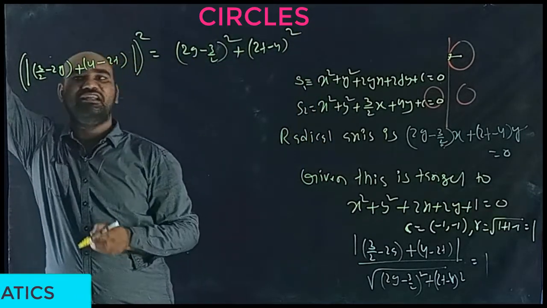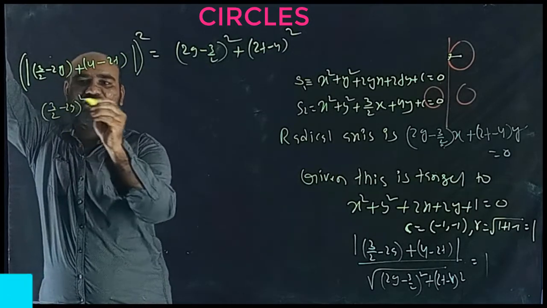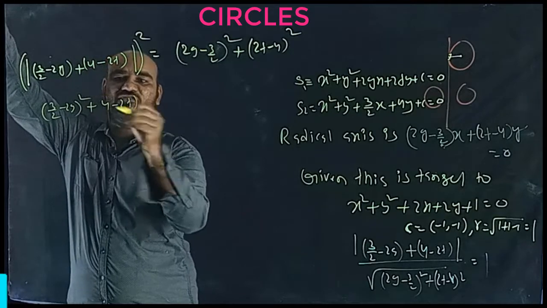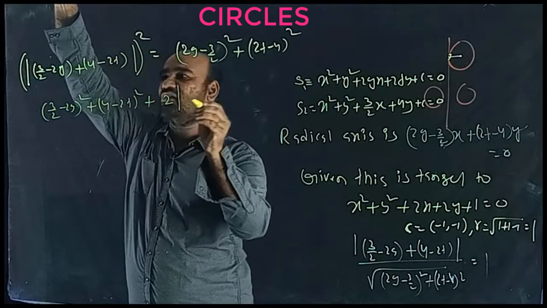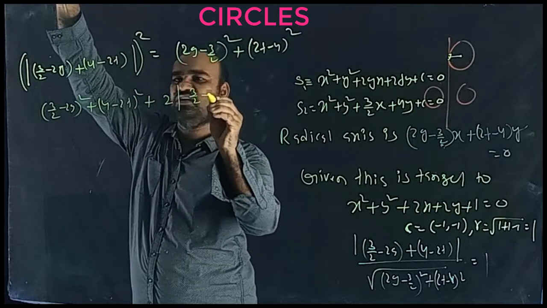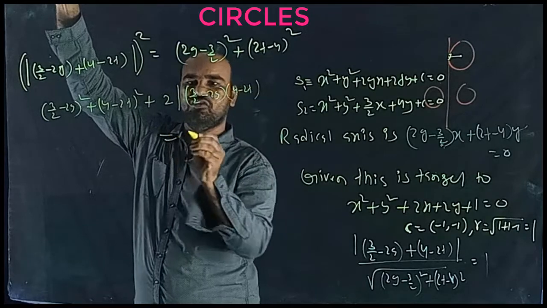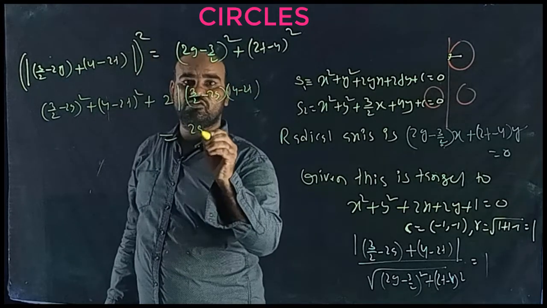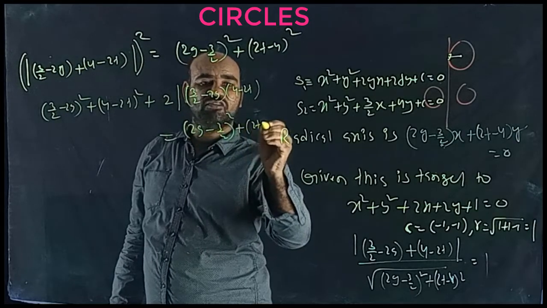Yeah, directly what I can say: (3 by 2 minus 2g) whole square plus (4 minus 2f) whole square plus 2ab, 2 into modulus of (3 by 2 minus 2g) into (4 minus 2f), equal to this (2g minus 3 by 2) whole square plus (2f minus 4) whole square.